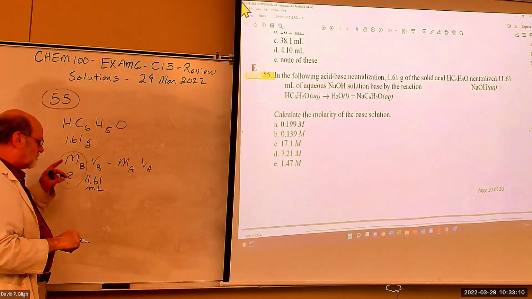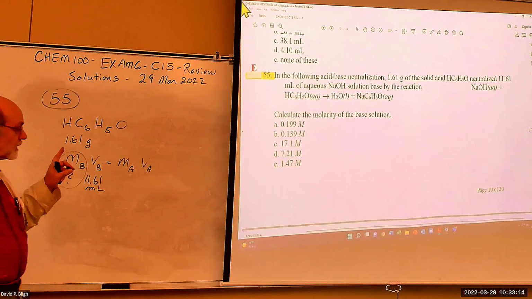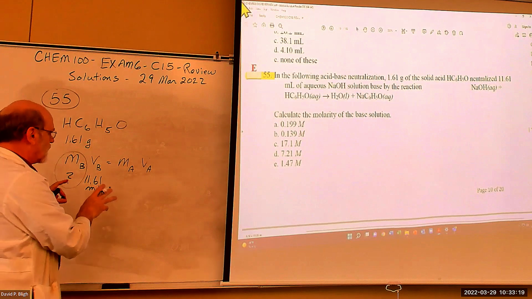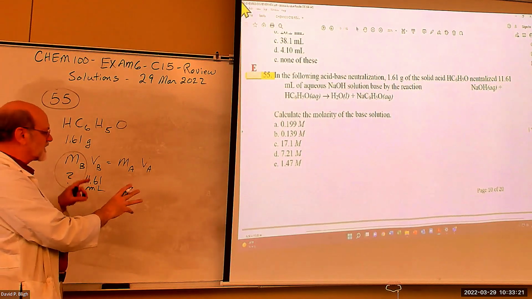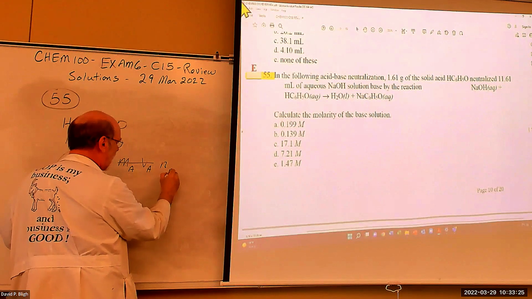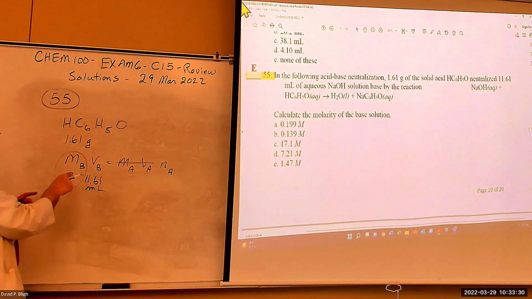So, molarity times volume is moles. Right? Molarity times volume of the acid would also be moles, but we don't have it in solution. It's a solid. So we can substitute for this moles of acid. Moles of acid will be neutralized by moles of base.